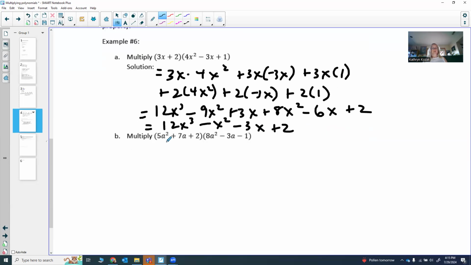Multiplying 5a squared plus 7a plus 2 times 8a squared minus 3a plus 1.